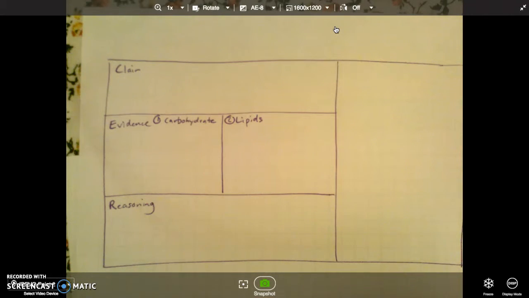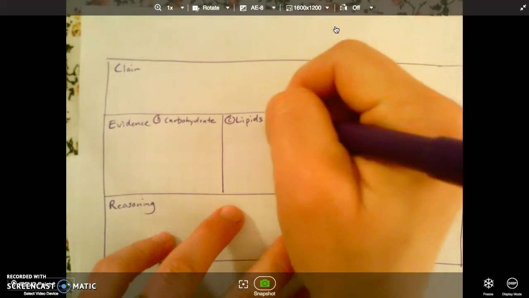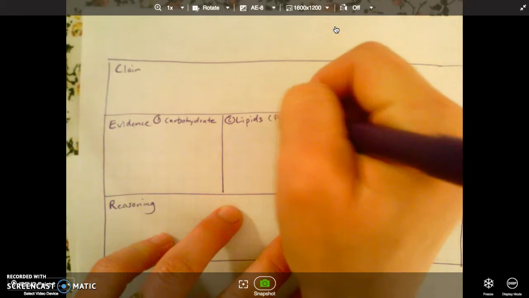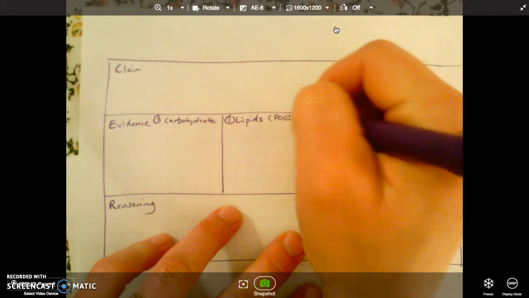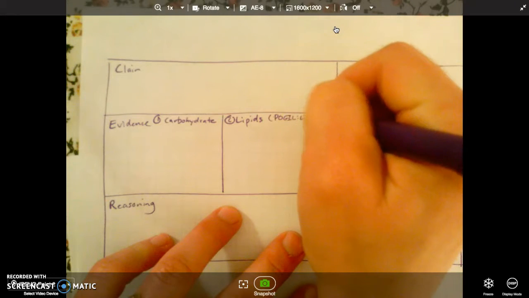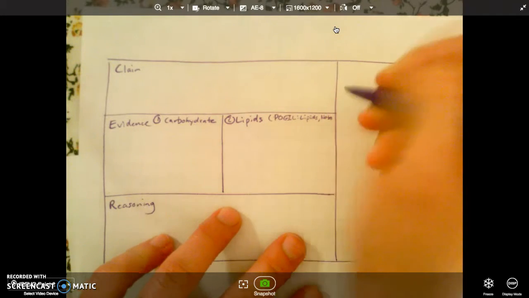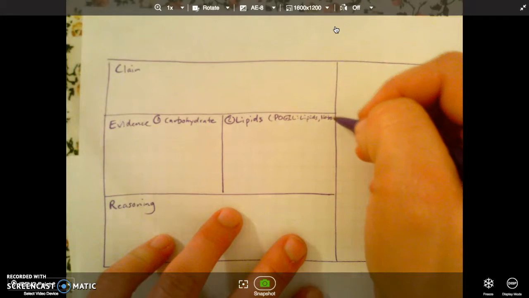First I would get out resources. So look at the POGL for lipids. And look at our notes from the screencast in class. Those would be two excellent sources.